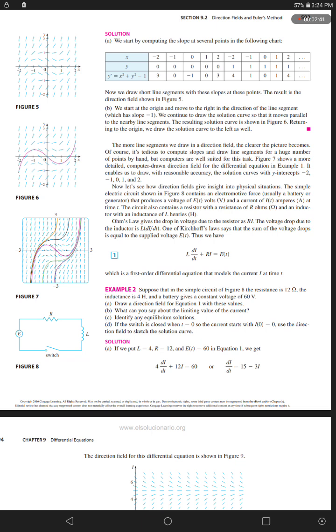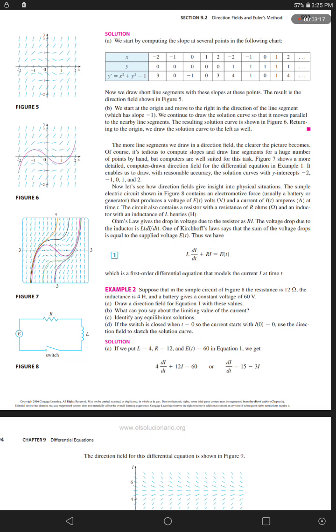Ohm's law gives the drop in voltage due to the resistor as RI. The voltage drop due to the inductor is L times the derivative of I with respect to t. One of Kirchhoff's laws says that the sum of the voltage drops is equal to the supplied voltage, E(t).